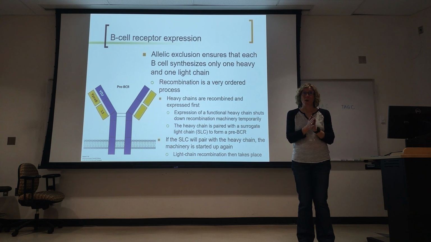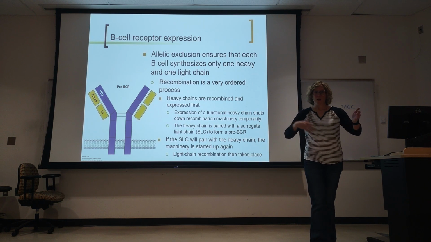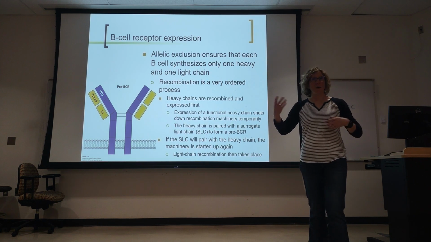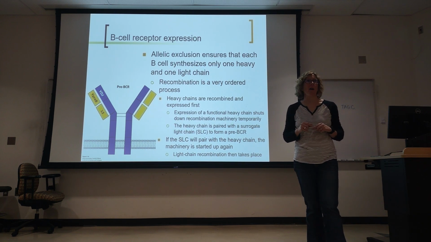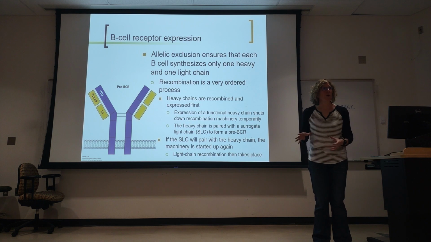We try to rearrange one chromosome first, try to make a viable heavy chain. If that does not work, then we go to the backup chromosome. And we use that information and we try to rearrange. We make a transcript, we try to translate, and we see if that works. If that doesn't work, if rearrangement of heavy chain from either of the pair of chromosomes is no longer successful, the cell is forced to undergo apoptosis.